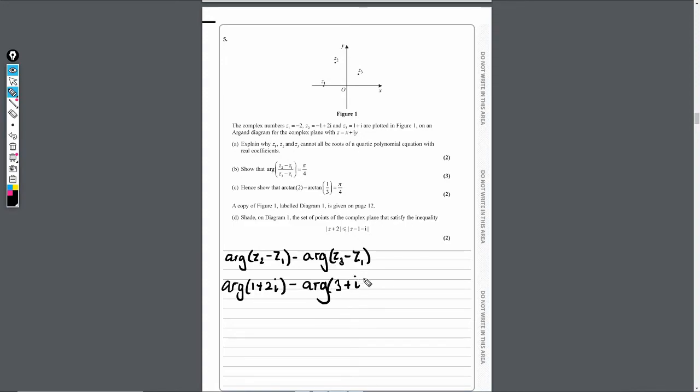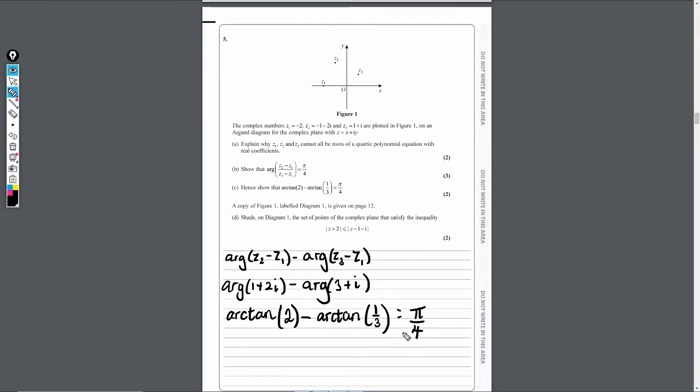Taking the inverse tan of both of these, that clearly will be 2 over 1, so arctan of 2, minus the argument, so to get the actual argument you take arctan again of 1 over 3. Notice this gives us exactly what we've got here, and this is just what we've done already, so this is pi over 4. So that's just a little follow-up from part B, showing it in that case.